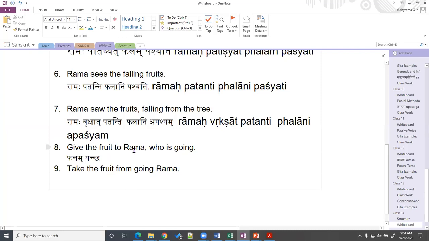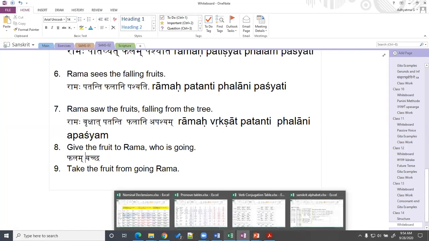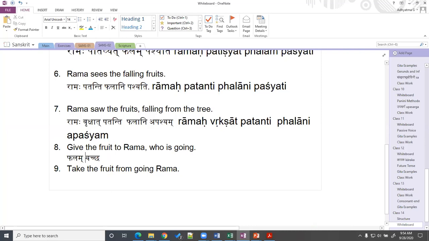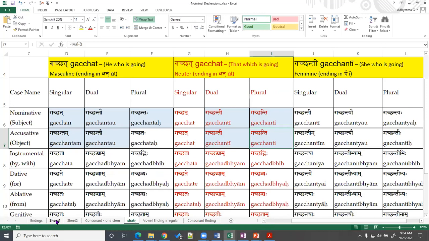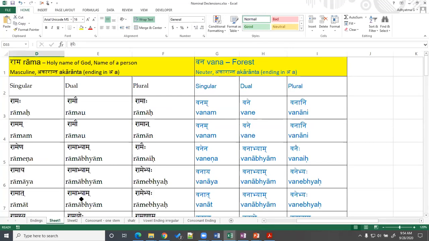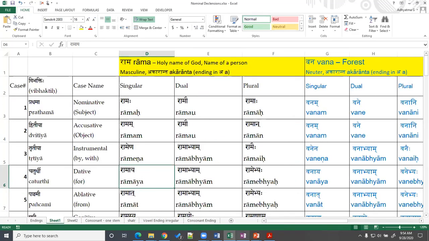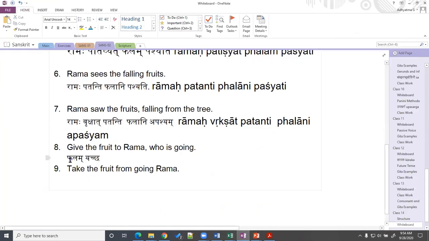To whom? Rama who is going, that is for Rama. When we give something to somebody, we use the fourth case. I hope you know pretty clearly that Rama, Ramaya, is the fourth case singular. That's what will be used here. So Ramaya phalam yacha.